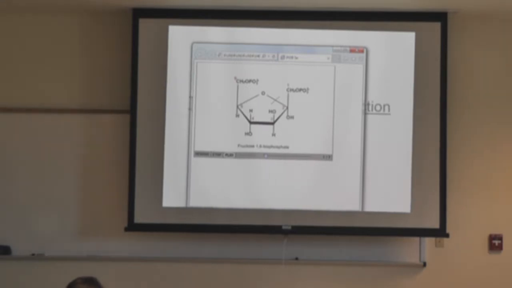It's part of the TCA cycle. So, yes. Okay, so here we have fructose 1,6-bisphosphate that was just produced by phosphofructokinase 1. And again, we get ring opening, because we're going to have the free ketone that's going to work with.